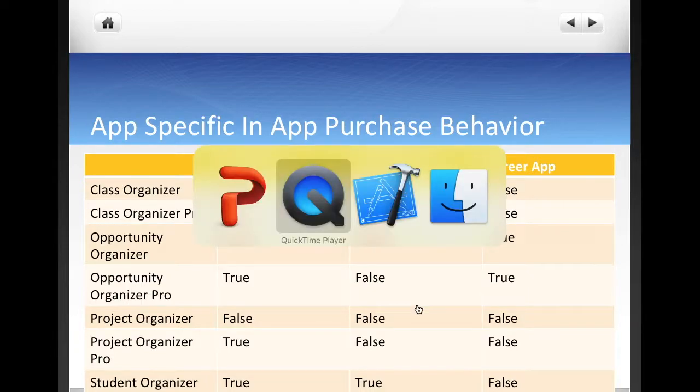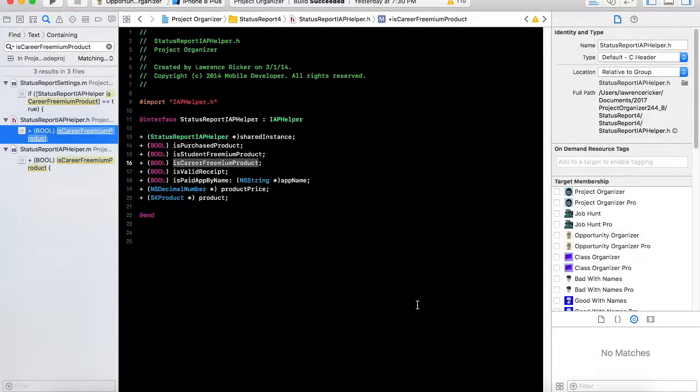Now what that looks like in code is I have is a purchased product as a Boolean return from a method, and then I have is a student freemium product and is a career freemium product.